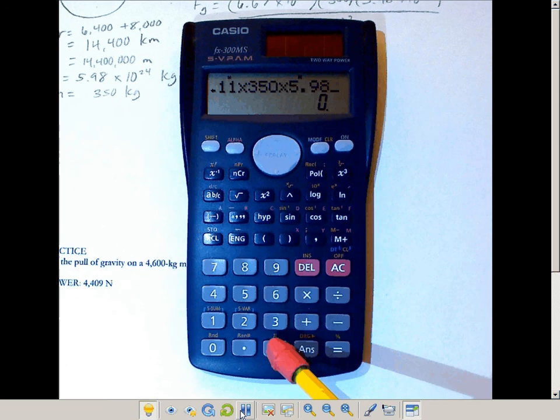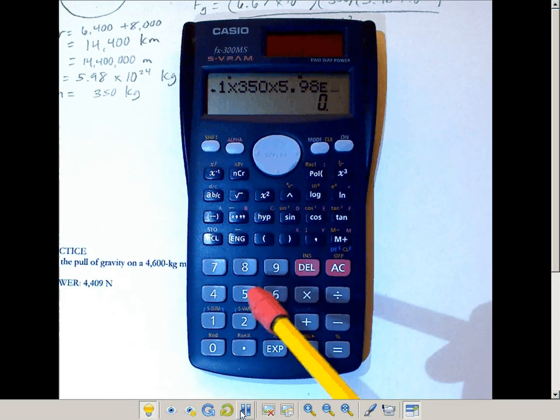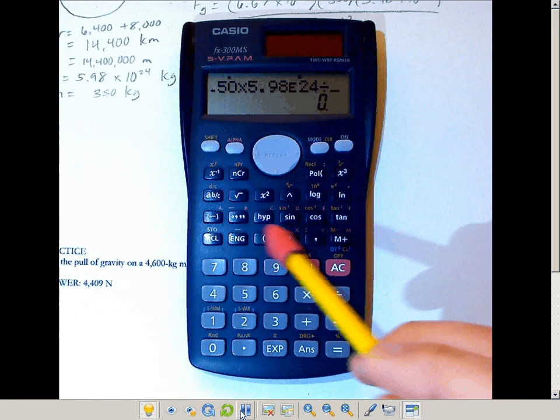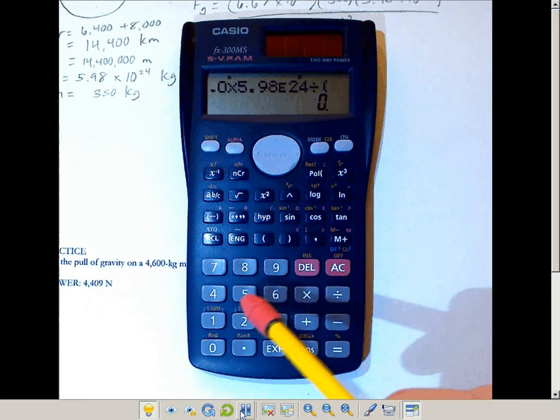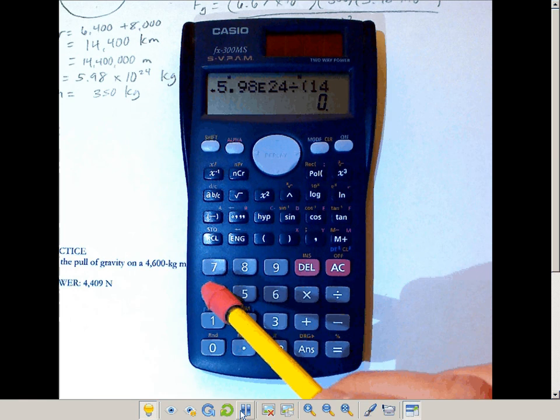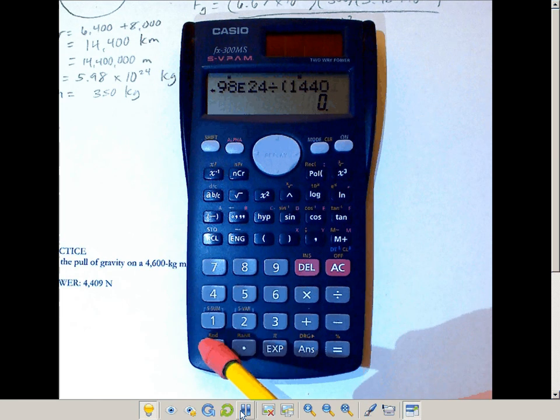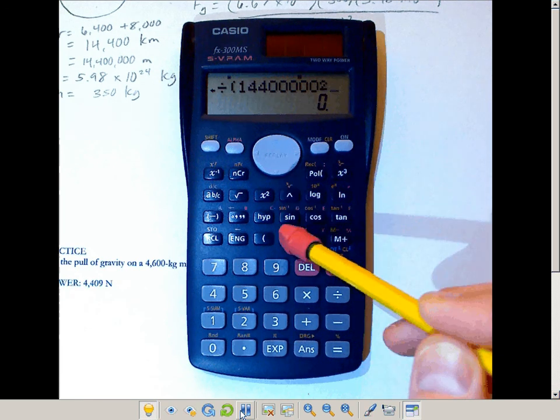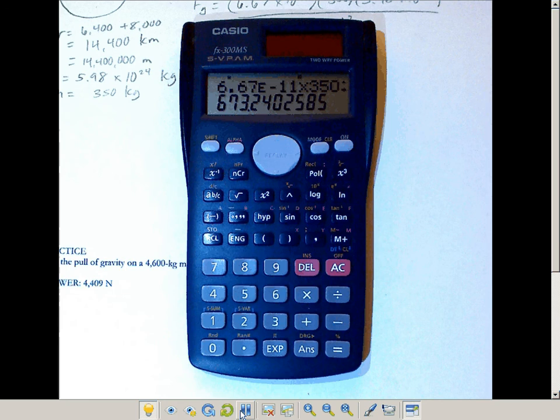EXP times 10 to the 24th. I'm going to divide by a number in parentheses. Then I'm going to square that, close parentheses, equals 673.2.